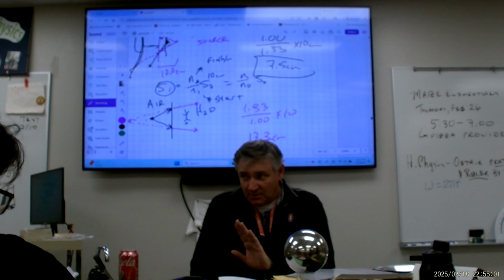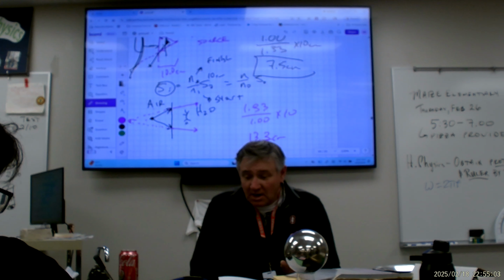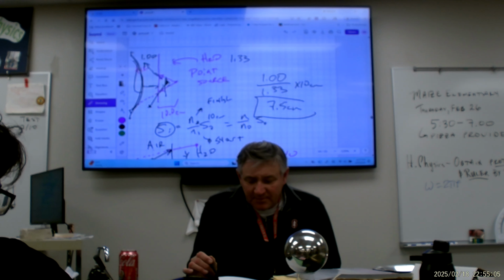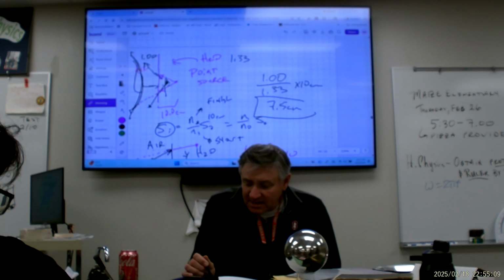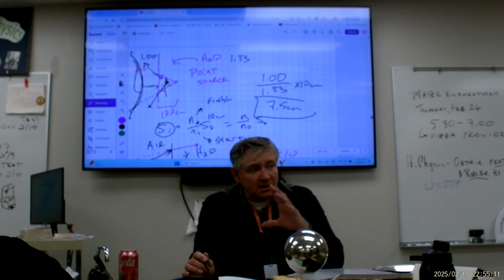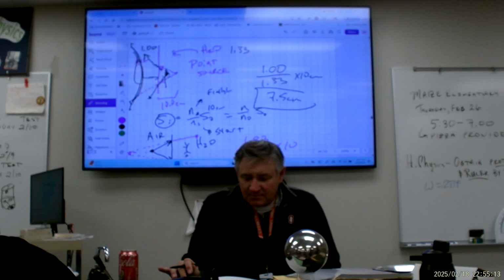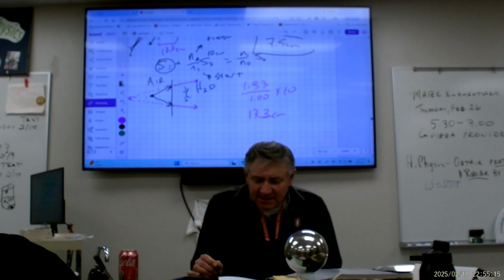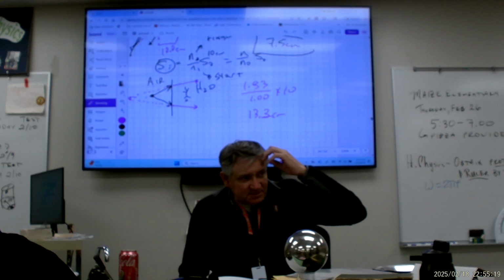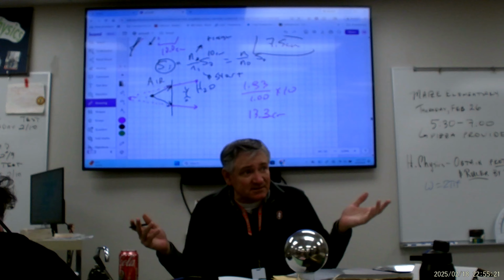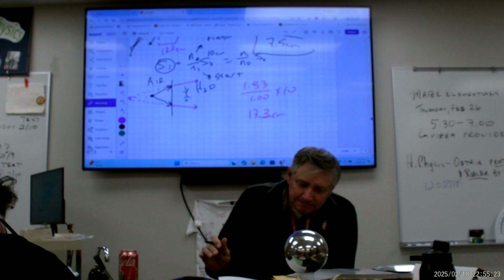Okay? Good with that. So if you're going from less optically dense to more optically dense, it appears closer. If you're going from more optically dense to less optically dense, it appears further away. Okay? So basically it's acting like a lens. Okay? All right.